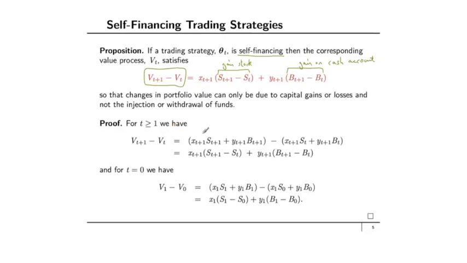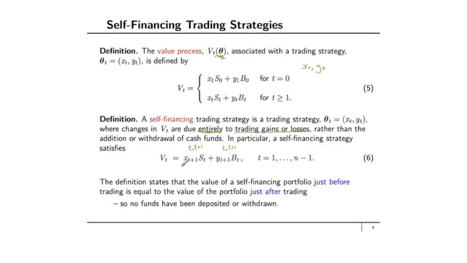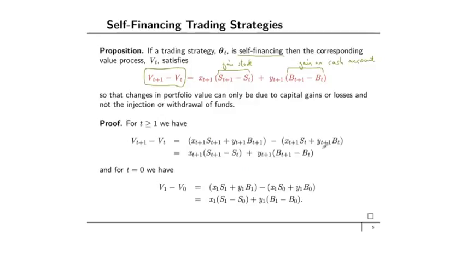So that's what this term is here. And when we subtract Vt, we're going to use the self-financing condition and use this over here. And that's this term here. You put them together and you get the desired quantity. We get a similar simple proof for the case where t equals 0.